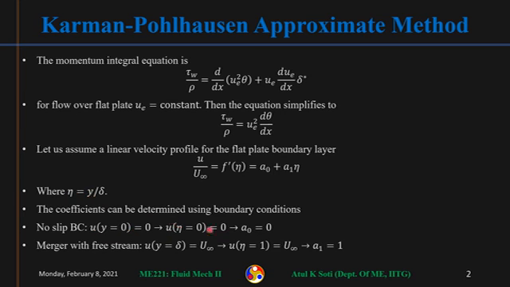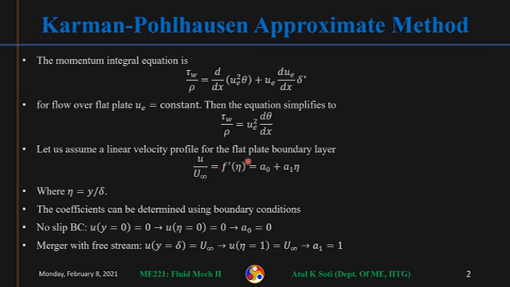So u at eta equal to 0 is 0. If I put this in, u by u infinity will be 0, so a0 plus a1 times eta is 0. Simply a0 is equal to 0. So the first coefficient should be 0.